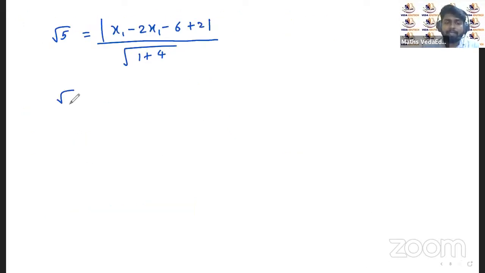So it will give you 5. So x1 minus 2x1 will give you minus x1, minus 6 plus 2, this is minus 4, whole divided by root 5.